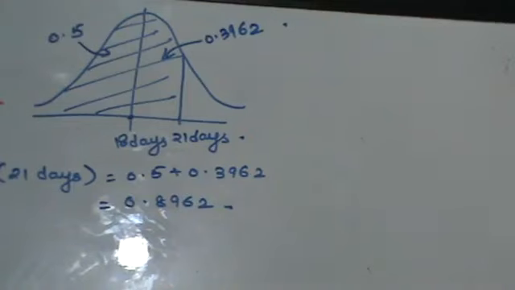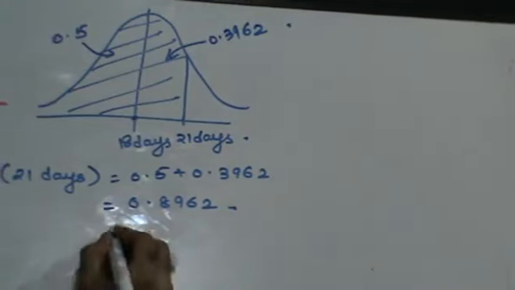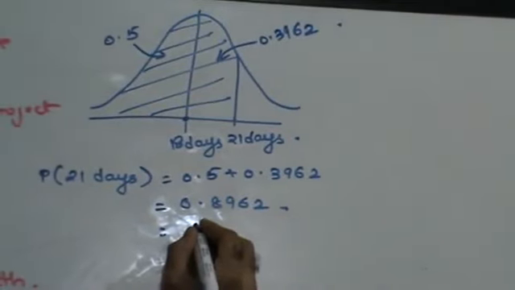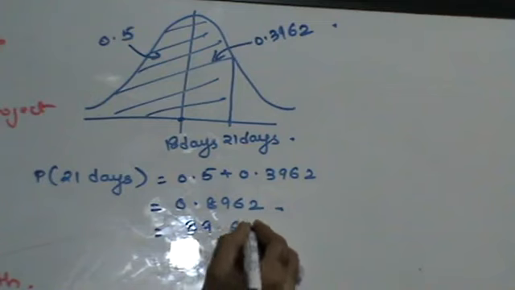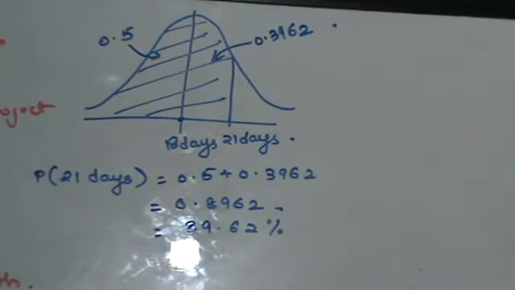Convert this into percentage by multiplying by 100: 89.62%. So there are 89.62% chances that the project will be completed in 21 days.